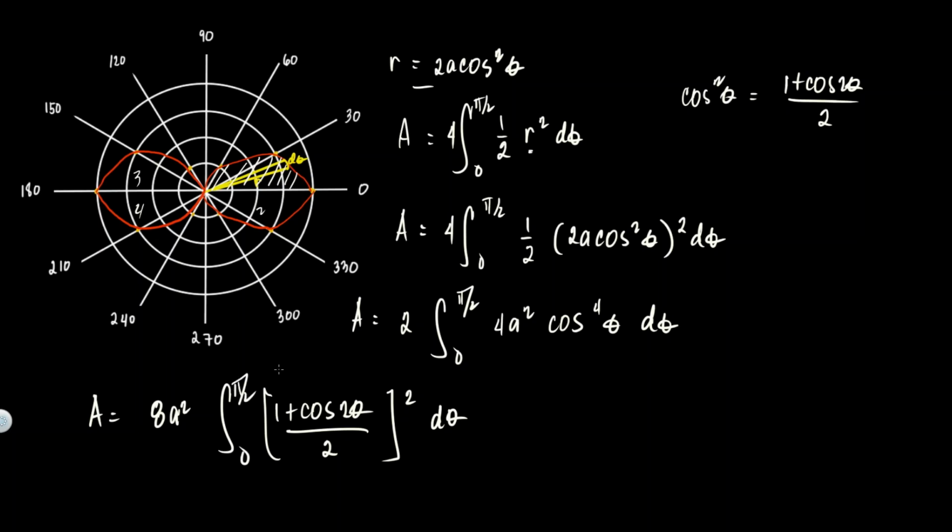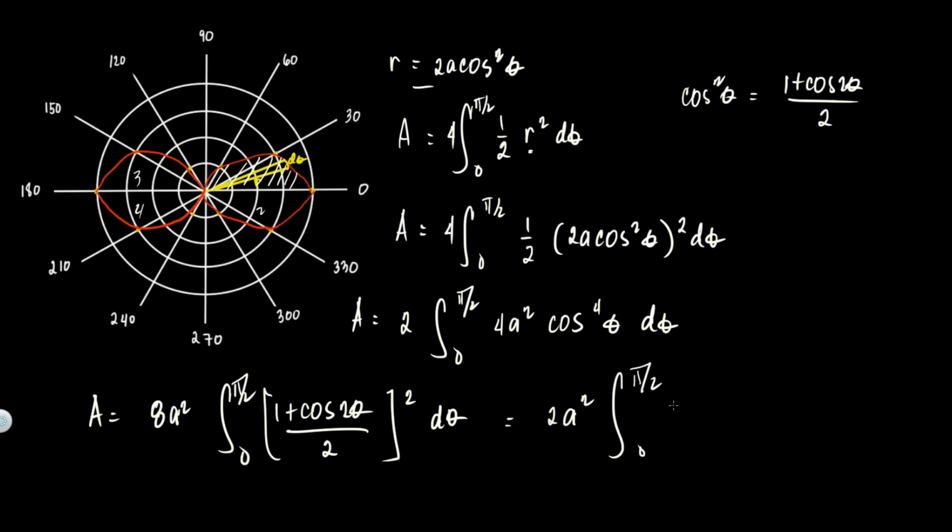Okay? So, yan, madali na, no? So, 2 squared, so 4. So this is equal to 2a squared. So 8 over 4 is 2. So 2a squared. Okay? Yung constant natin. Times the integral of 0 to pi over 2. Then this one is, naka-square pa to, no?